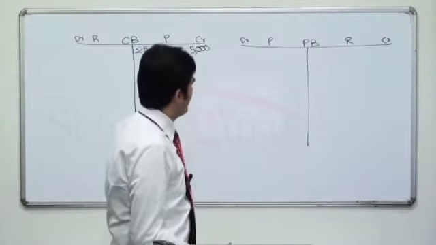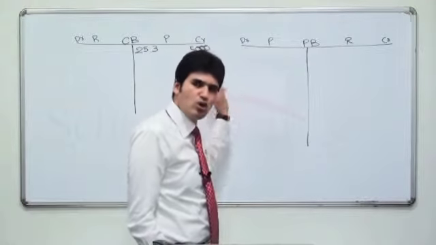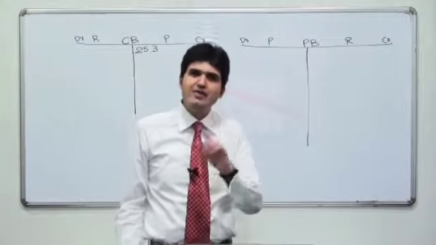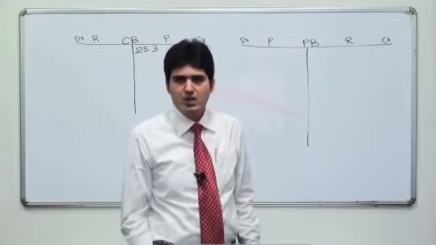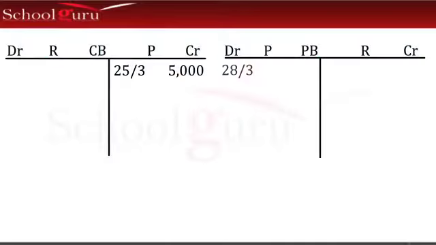So, my bank will also make the payment entry for the same amount, but not on 25th. I have made the entry on 25th because I issued the check on 25th. But my bank will record the same transaction on, let us say, 28 March for rupees 5,000, the amount being the same, on the payment side.